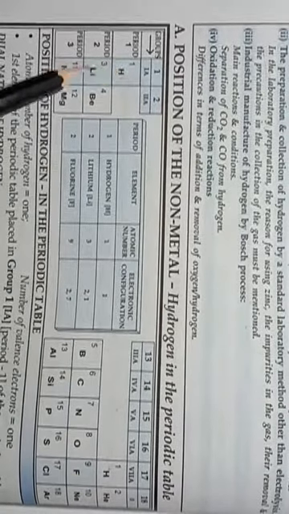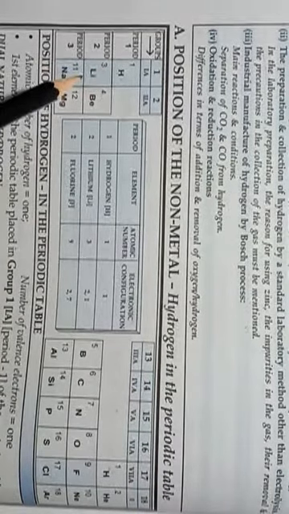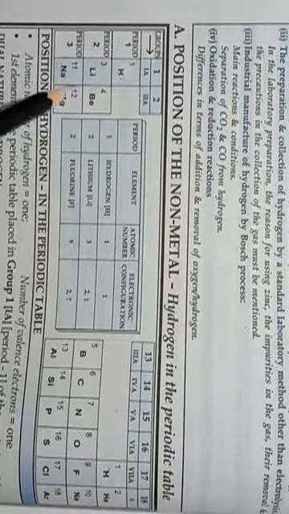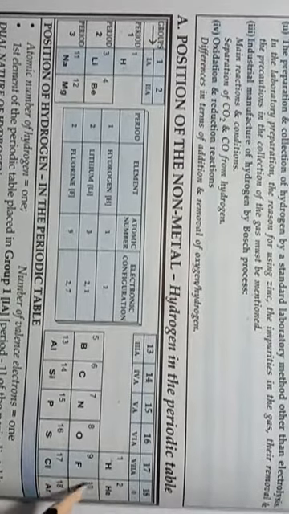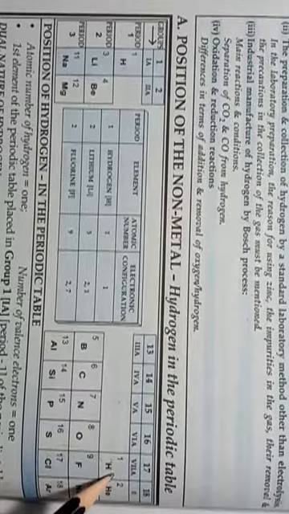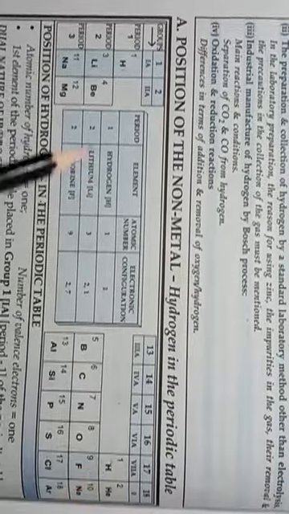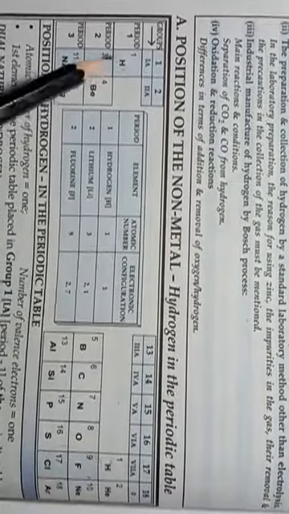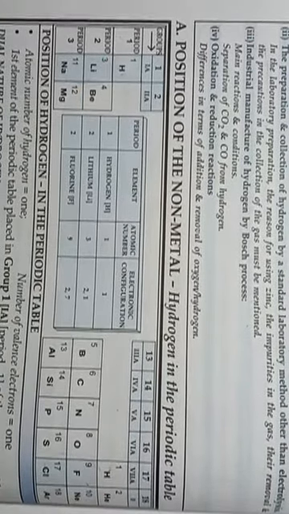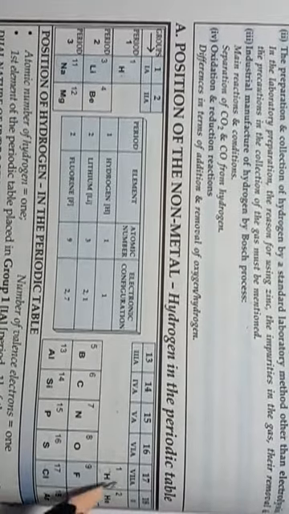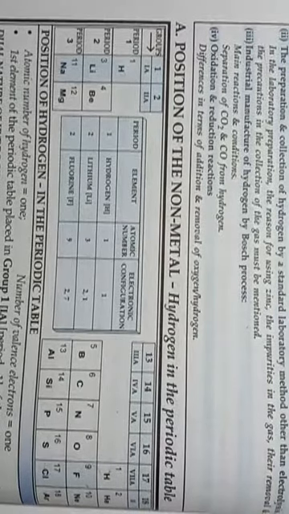It is placed with strong metals, which are known as alkali metals, in first group, and also with strong non-metals, halogens. So hydrogen is placed in 2 different groups: in first, with alkali metals in first group, and in second, with halogens in 17th group. So it has dual position due to its dual nature.